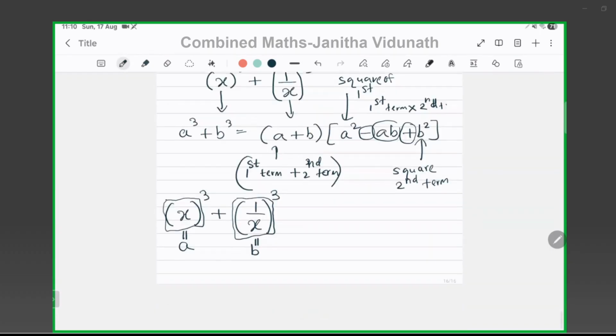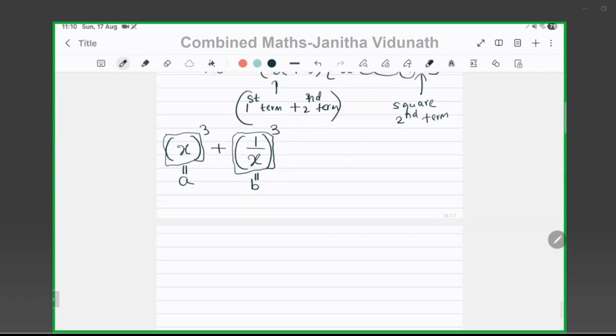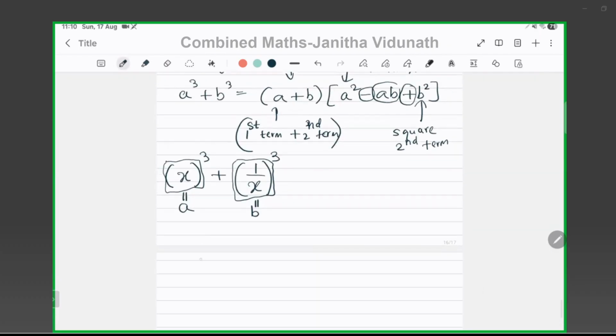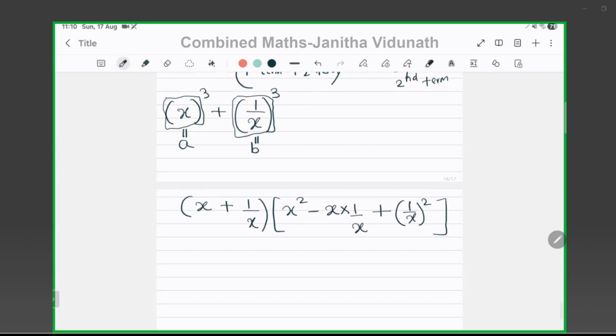Then we can factorize as simply first term plus second term. Then we open another bracket. Then we get the square of the first term, then the opposite sign, then the first term times the second term, then finally always positive sign and the square of the second term.